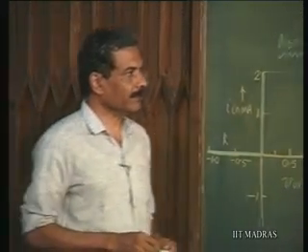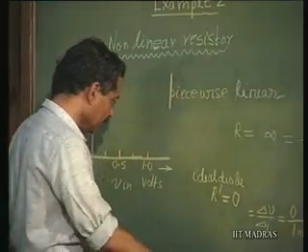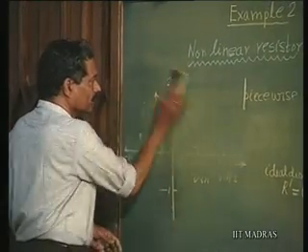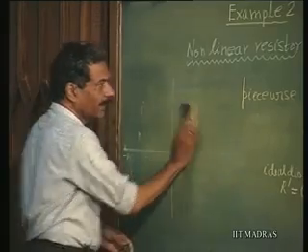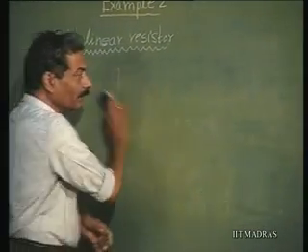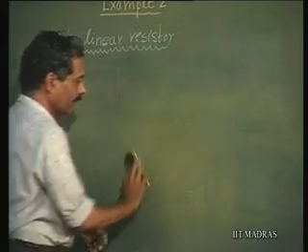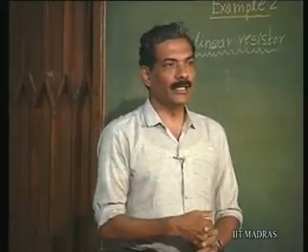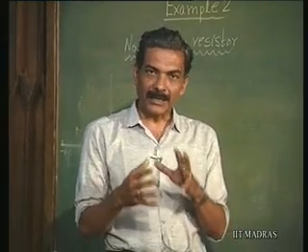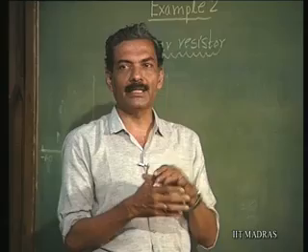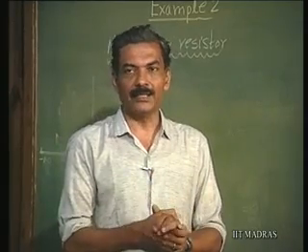So, these two examples demonstrate the sort of characteristic of the ideal diode, which is going to be used by us in a variety of applications. But before we go to the ideal diode, let us see whether practically we have a diode which closely approximates the characteristic of the ideal diode.